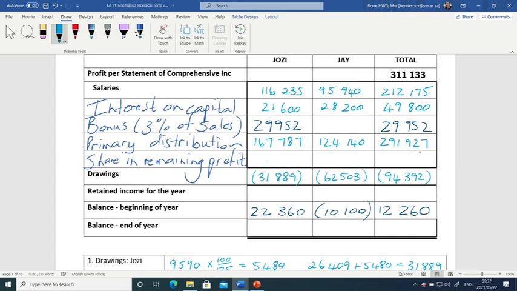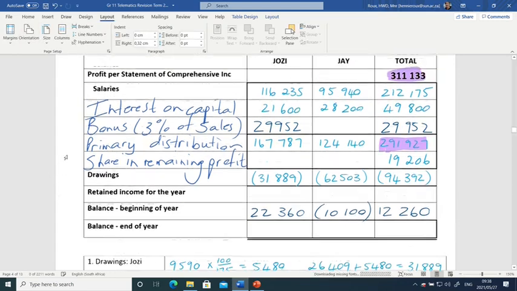So what is left of the net profit to be shared? The net profit was 311,133. This is how much the primary distribution took from that amount. So what's left is what can be divided between the partners in a certain ratio, 19,206. So that is the remaining profit, the net profit minus the primary.